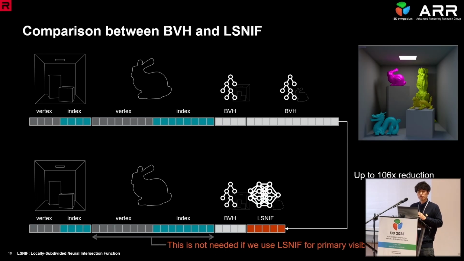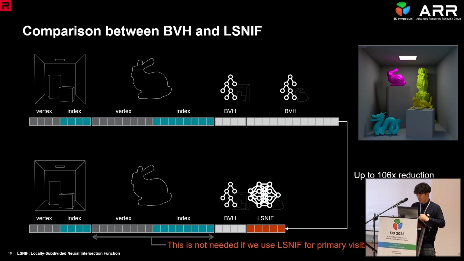This compares the memory footprint of LSNIF and the standard BVH. Again, to use rasterization, we need to retain vertex and face information for all the geometry. But additionally, for simple objects, we store the data of BVH nodes, for the corner box here. On the other hand, for complex geometry, we store the LSNIF model instead of BVH nodes, in this case the bunny here.